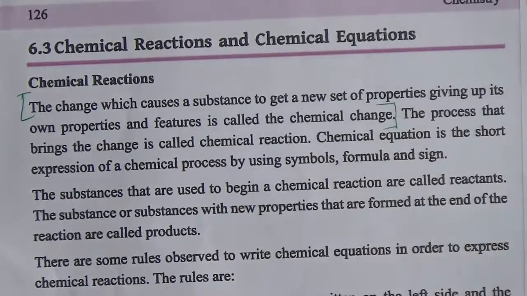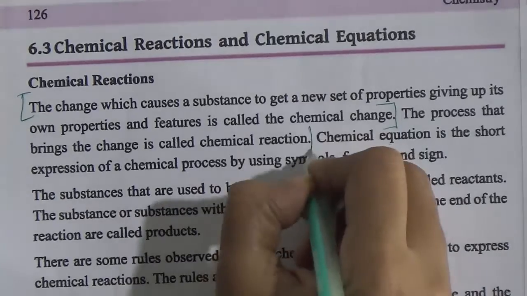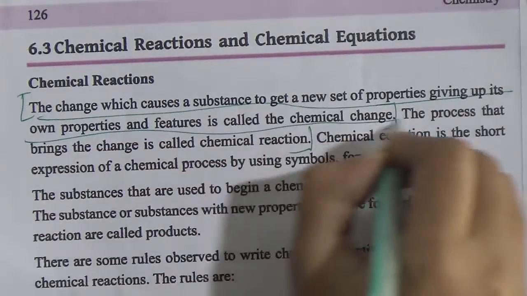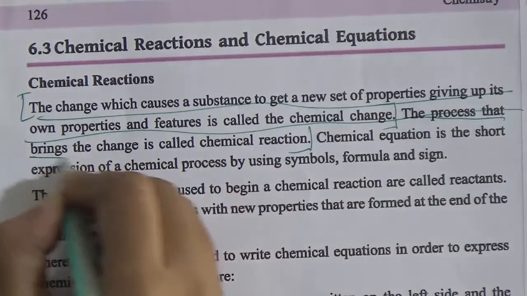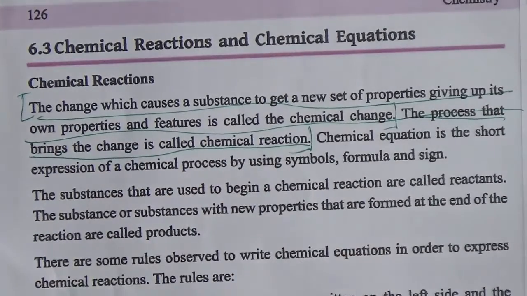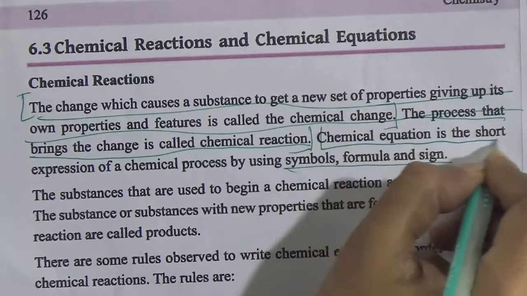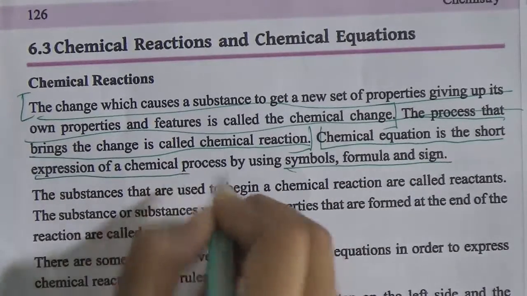And the process that brings the change is called chemical reaction. Now a chemical equation is the short expression of a chemical process by using symbols, formulas and signs. This is the definition of chemical equation.